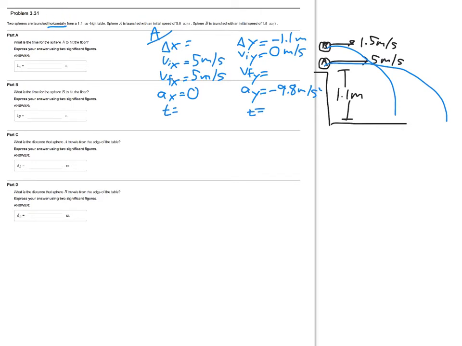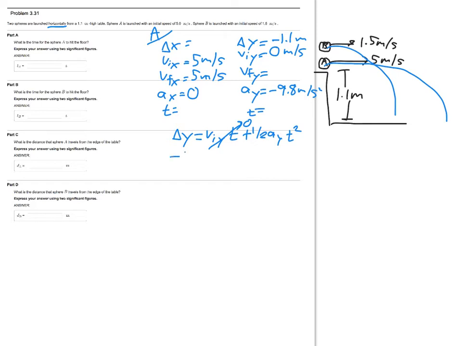Okay, so now I can go ahead and start setting up an equation here, and I'm going to use the y side because I don't have either delta x or t on the x side. I know that I have to use that delta x equation on the x side of this. So I'm going to go ahead and use that first delta y equation. That first term does go away because our initial y velocity is 0, which means this won't become a quadratic.